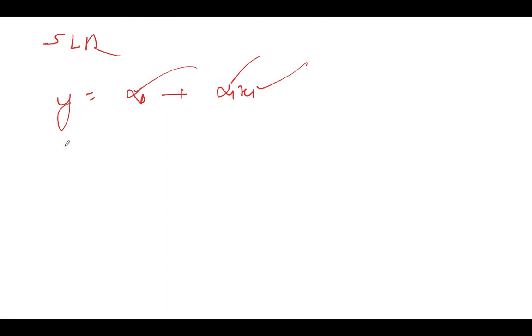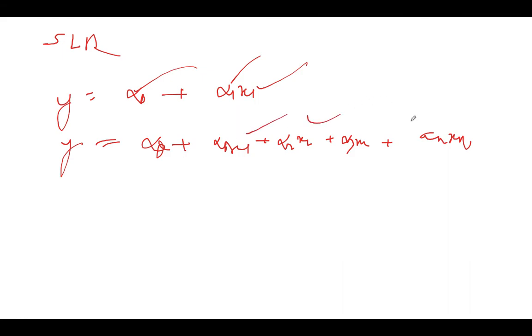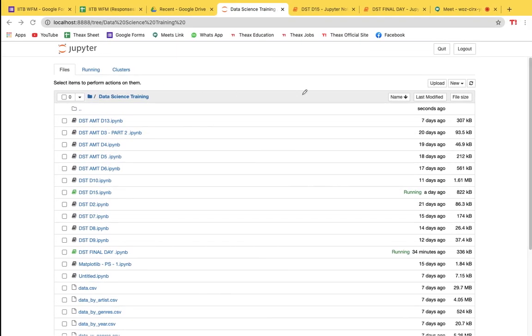And the multiple linear would be alpha naught plus alpha 1 x1 plus alpha 2 x2 plus alpha 3 x3 and so on till alpha n xn. So this is the multiple where you have multiple features, and here you have only one feature. So first we will try to make it with one feature.